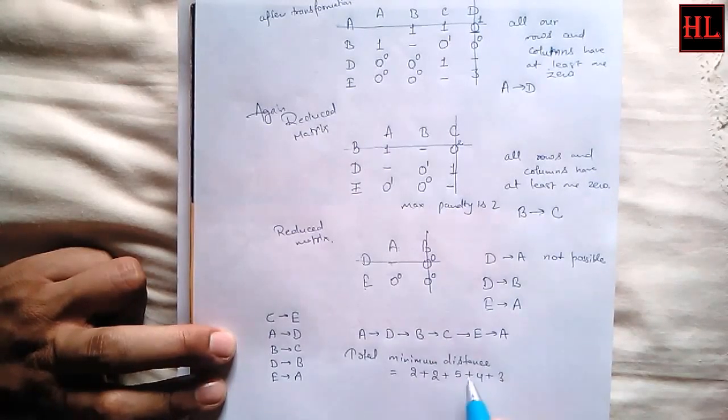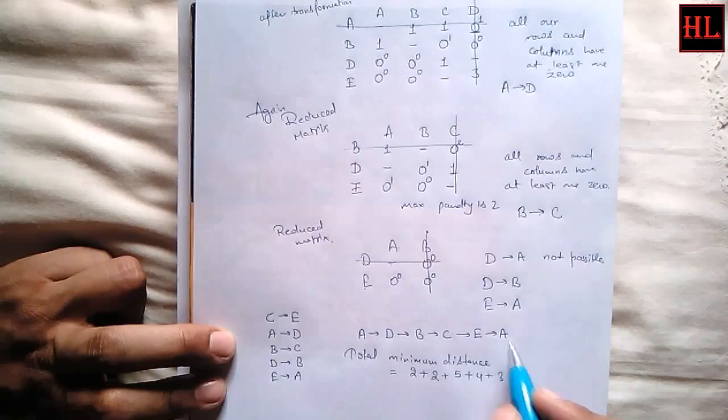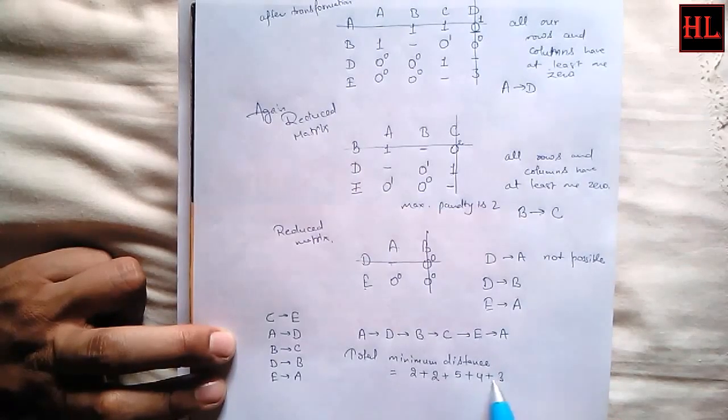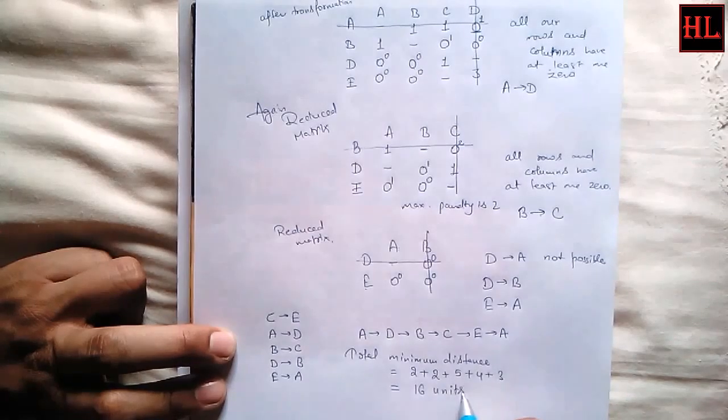From city B to C, the distance is 5. From city C to E, the distance is 4, and from city E to city A the distance is 3. I have written these distances from the original given matrix of distances, and by calculating the sum of these distances we will get 16. So the total minimum distance is 16 units.